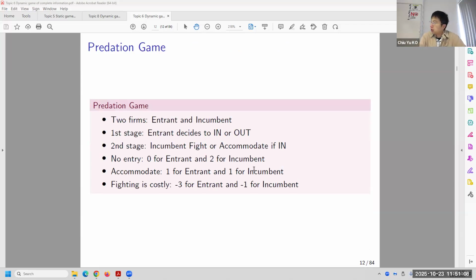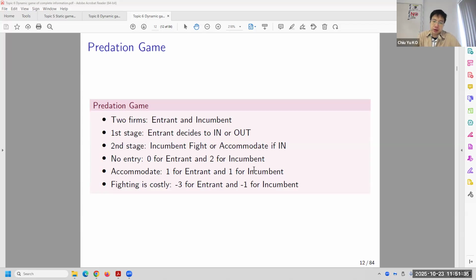In the first stage, the entrant decides whether to go in or out. If out, the game is over. If in, we go to the second stage, where the incumbent decides to fight or accommodate, that is, whether to start a price war or let it in.